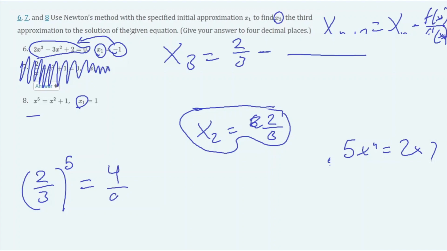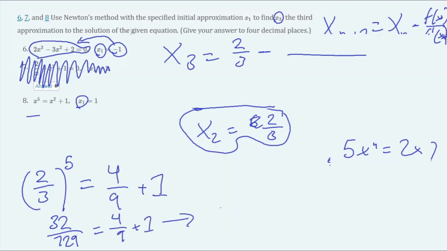It's going to be 4 over 9 plus 1. And 2 over 3 to the fifth power is going to be 32 over 729. And that's going to be equal to 4 over 9 plus 1.